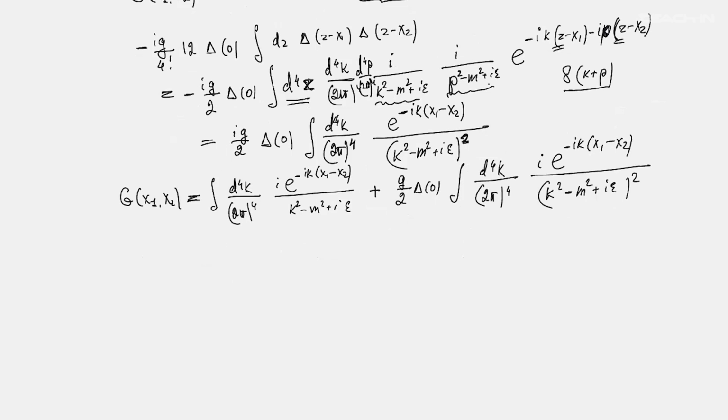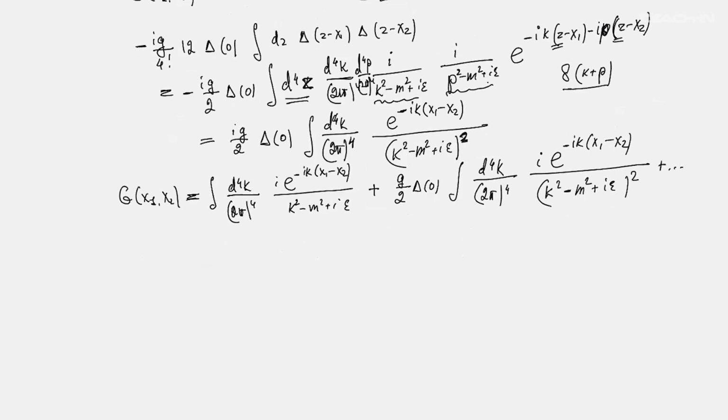So Fourier transform means that you define G on p1, p2, and then according to the definition, you need to take a double integral over x's of e to the i p1 x1 plus i p2 x2, and then you have first the Feynman propagator, just repeat the expression.